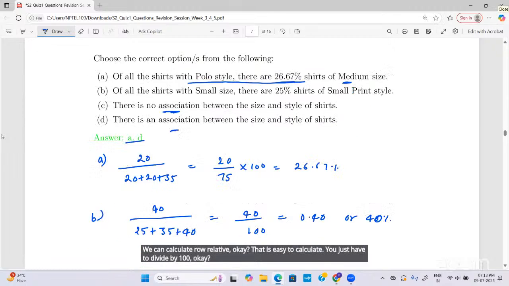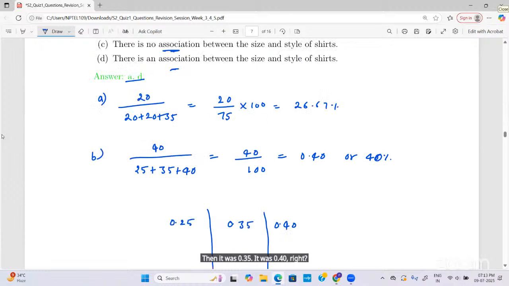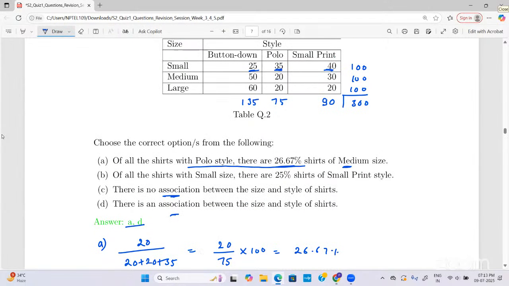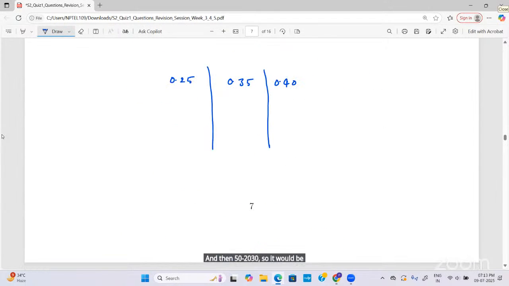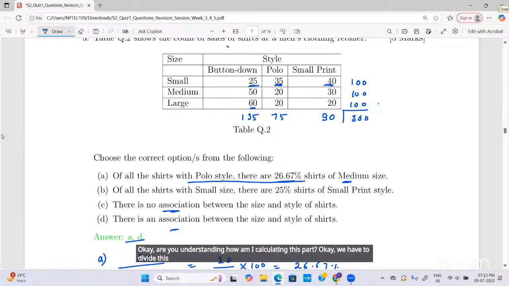Okay, so it will be 0.25. Then it was 0.35. It was 0.40, right? And then 50, 20, 30. So it will be 0.50, 0.20, and 0.30. Okay, are you understanding how I am calculating this part? Yes, ma'am. We have to divide this one with the row total.